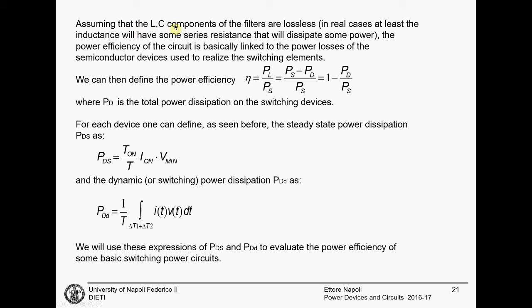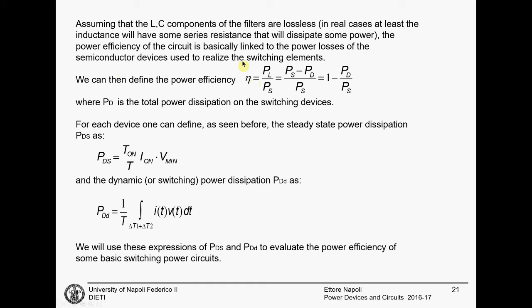Assuming that L and C components of the filters are lossless, in real cases there will be some power dissipation. At least the inductance will have some series resistance. The power efficiency can be linked to the power losses of the semiconductor devices.